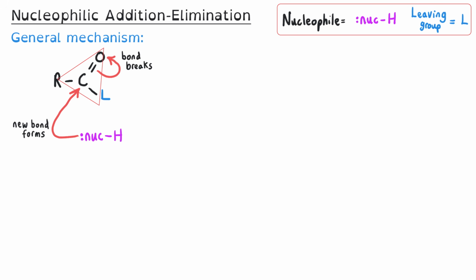This organic starting material that would have been trigonal planar around that carbonyl carbon has now been converted into a tetrahedral intermediate substance. And you can see that we've got the nucleophile now connected to the carbonyl carbon. We've got now a single bond between the carbon and the oxygen that it was doubly bonded to.